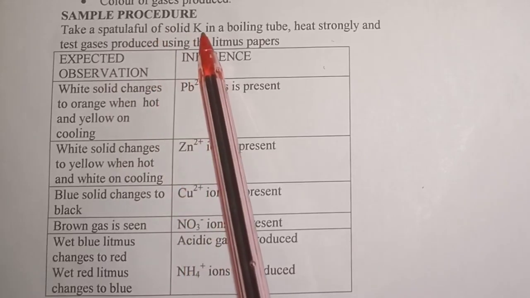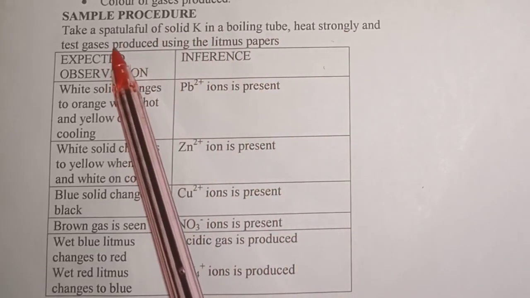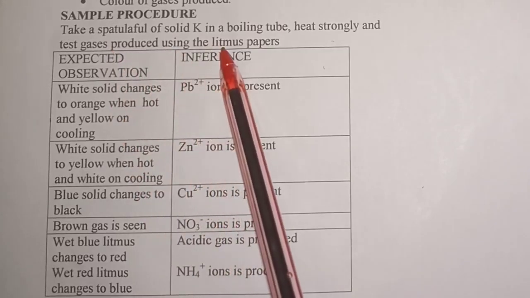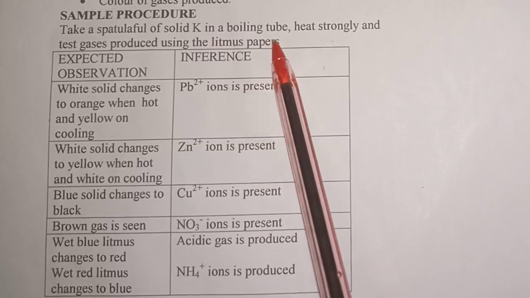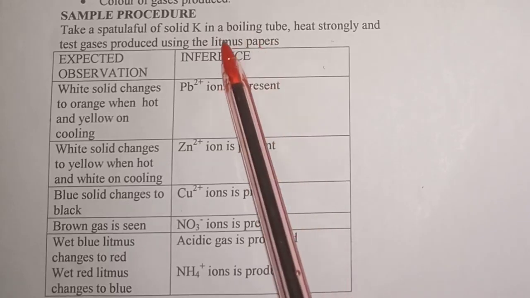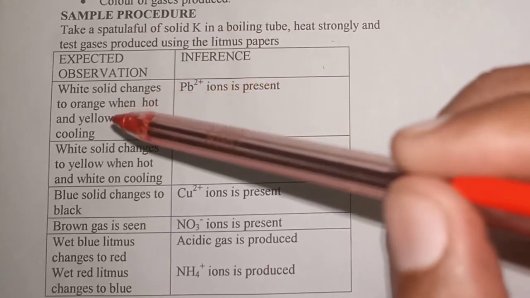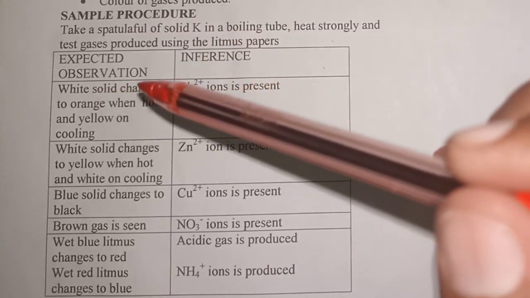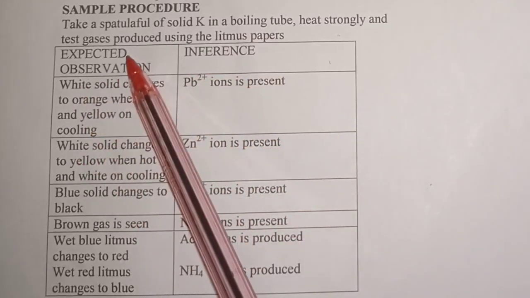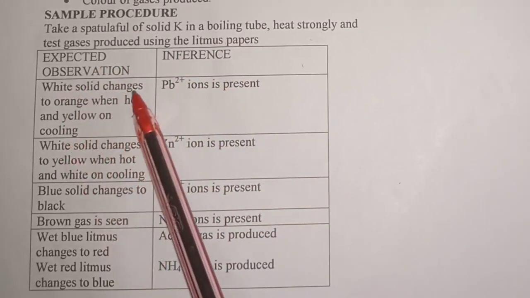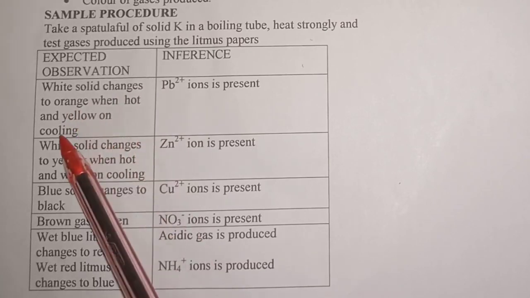Take a spatula full of solid K, an example, in a boiling tube, heat it strongly, and test the gases produced using moist litmus papers, that is both blue and red. Before you dip that litmus paper into the mouth of the boiling tube, you have to moisten it.